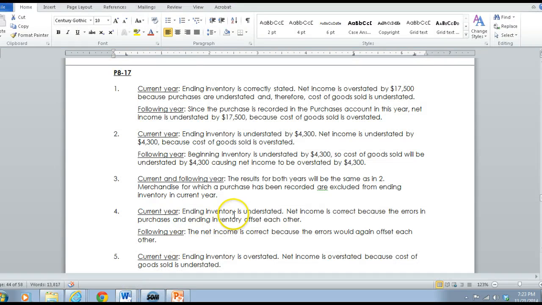Because they weren't included, they've been excluded from the ending inventory. So the ending inventory is understated, which means our net income is also understated because our cost of goods sold is being overstated.